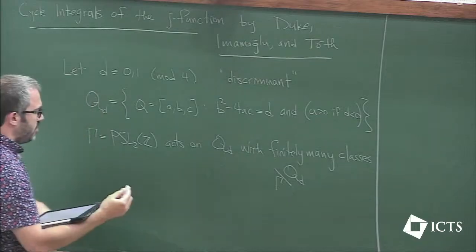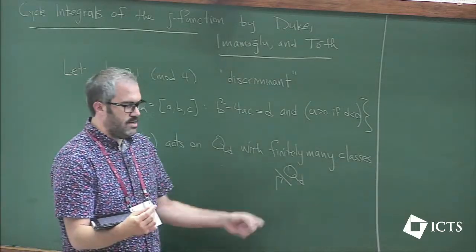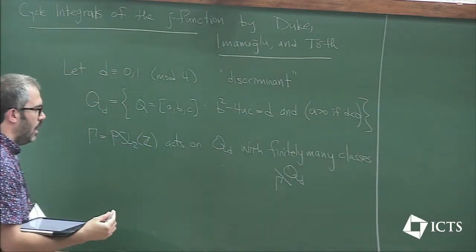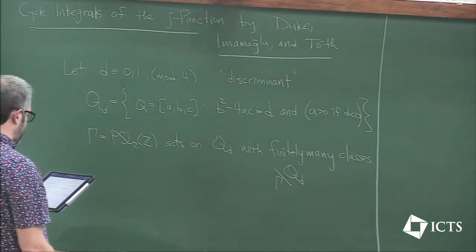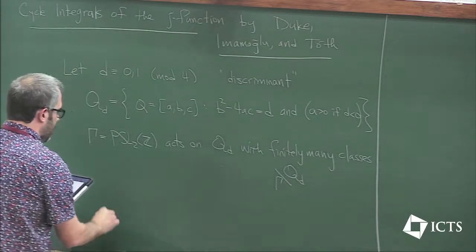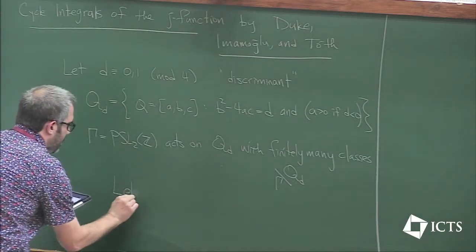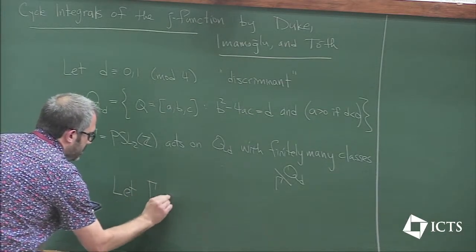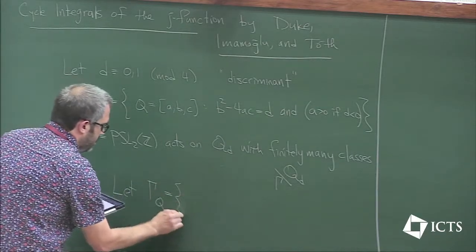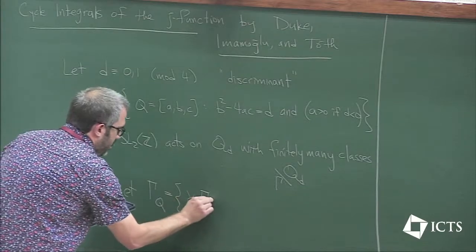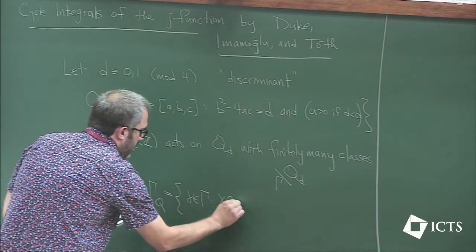Okay, and actually this is a group. It's a finite abelian group, which is not at all obvious from the definition, but it turns out that it is. So we're going to let Gamma_Q be the stabilizer of Q. So it's the gammas in Gamma such that gamma Q is equal to Q.